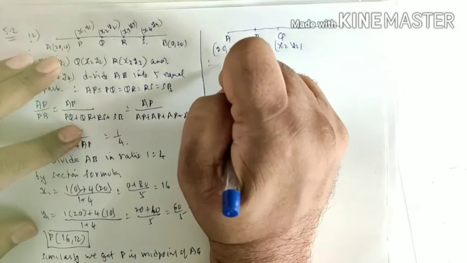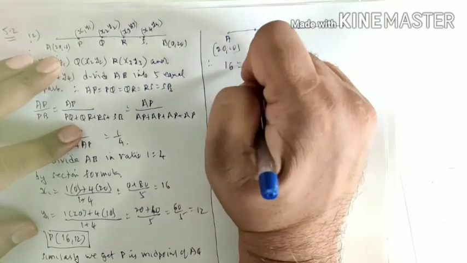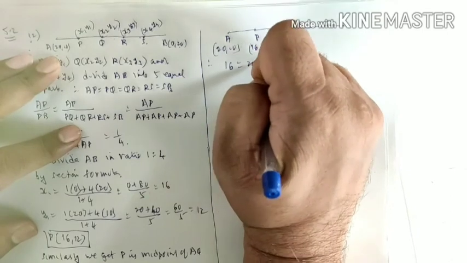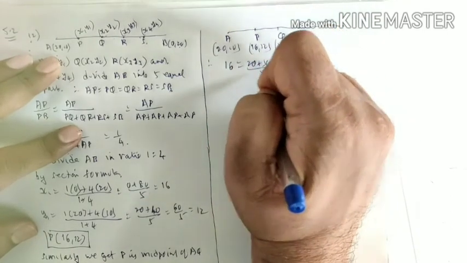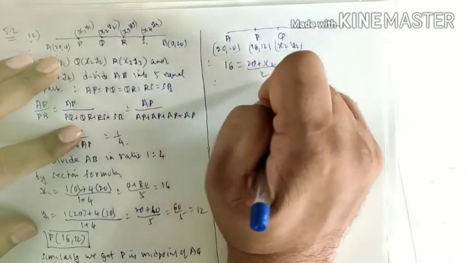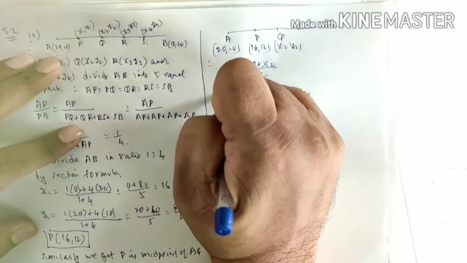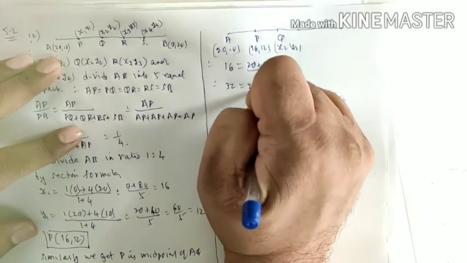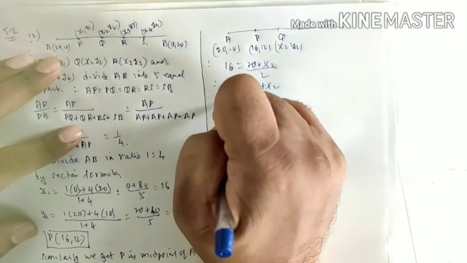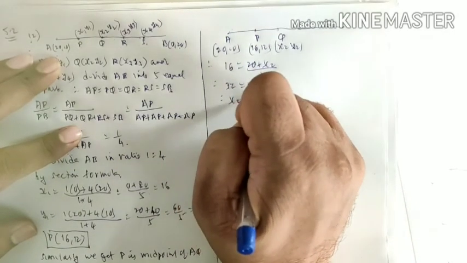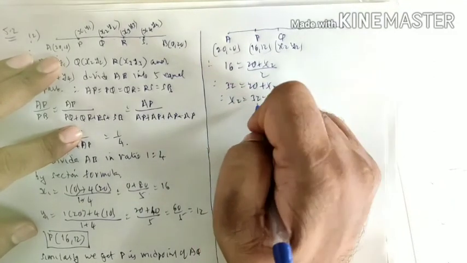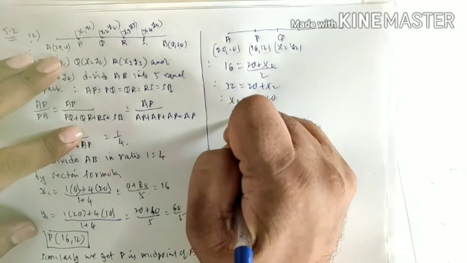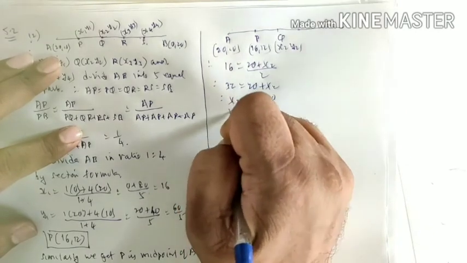We get 16 is equal to 20 plus x2 upon 2. Therefore 16 into 2, 32 is equal to 20 plus x2, or we get x2 is equal to 32 minus 20. 32 minus 20 is how much? x2 is equal to 12.